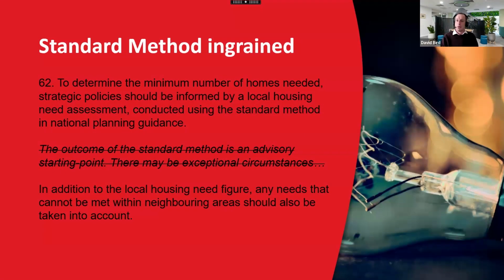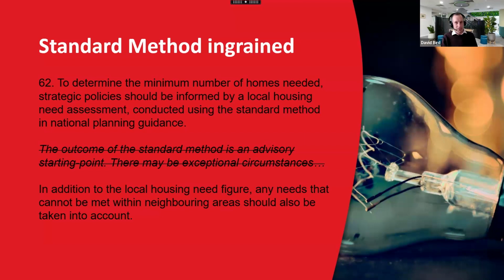The first change we're going to look at is going to ingrain the standard method into plan making. Formally, it said to determine the minimum number of homes needed, policies should be informed by a local housing need assessment conducted using the standard method. That was the current method in those tables we looked at.